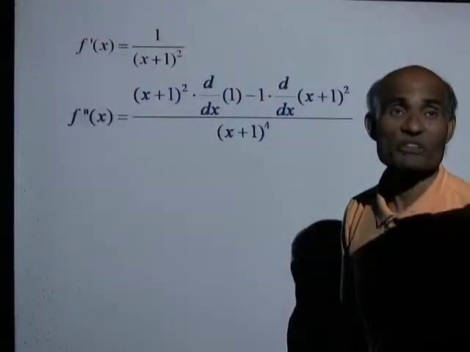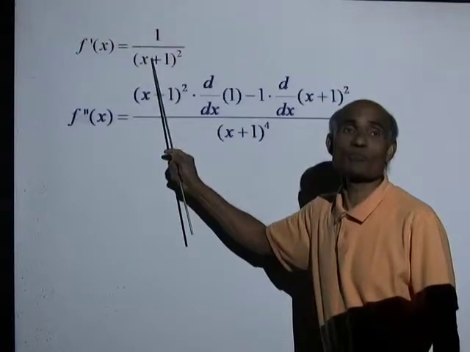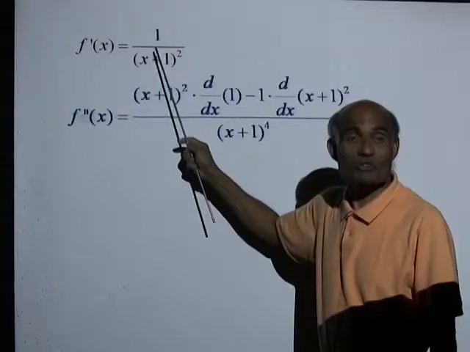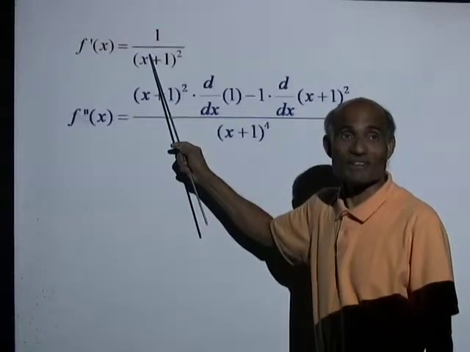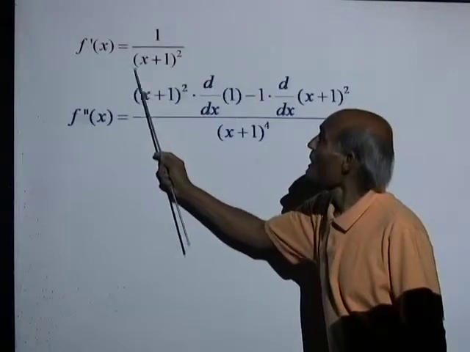Well, I hope you succeeded in doing that. This is our f prime x, 1 over x plus 1 all squared. F double prime x is the derivative of this quantity. And we use the quotient rule again. How?